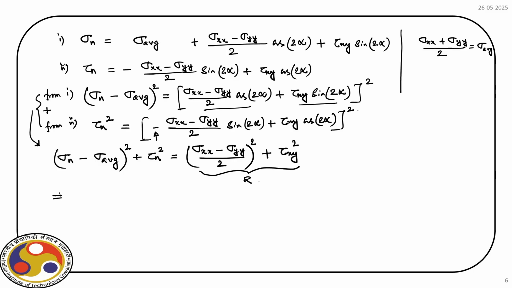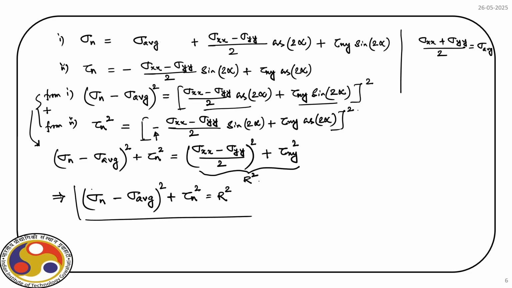So, we can write the combined equation: sigma n minus sigma average whole square plus tau n square is equal to r square. That is the expression we were looking at, the combined expression of sigma n and tau n.